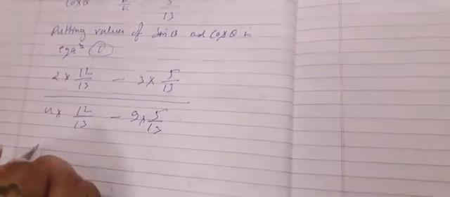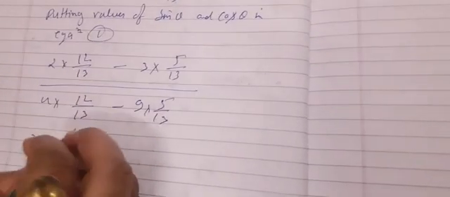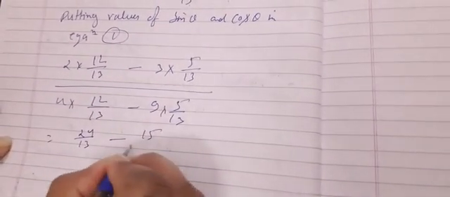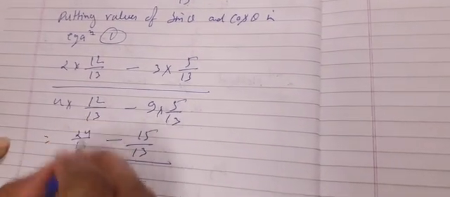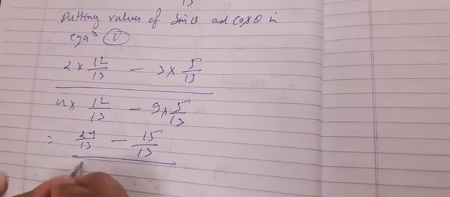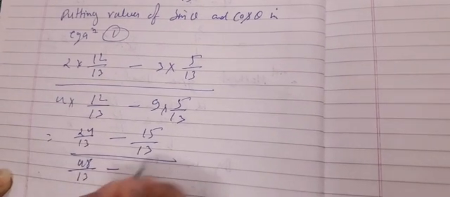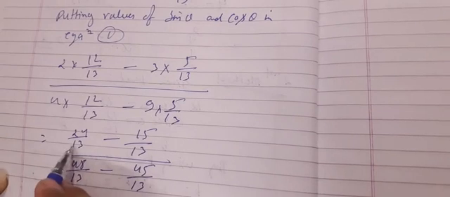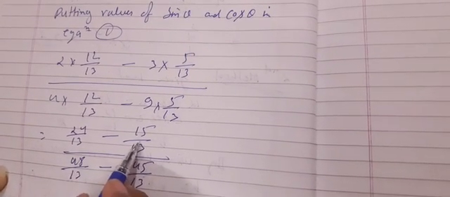Okay, so let me solve it. 12 2s are 24 by 13, minus 5 3s are 15 by 13, divided by 12 4s are 48 by 13, minus 9 5s are 45 by 13. So we'll subtract these two fractional numbers, and these two numbers. Then what is the LCM?